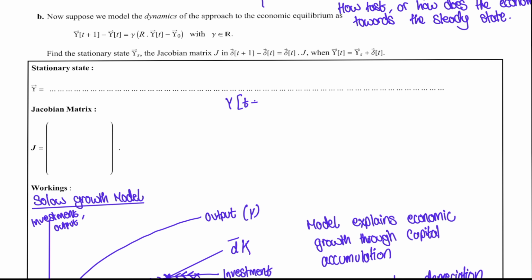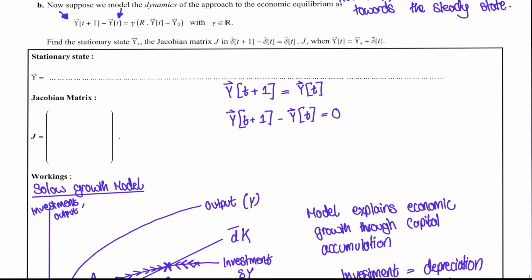If we begin by finding the steady state, that is when next year will be equal to the initial year. For that to be the case, if I move this to the other side, we need this equation equal to 0. This equation equals 0 when this part is equal to 0.